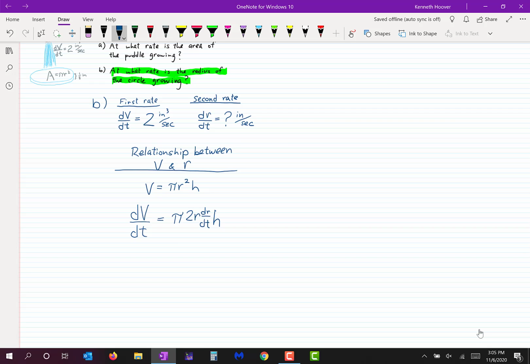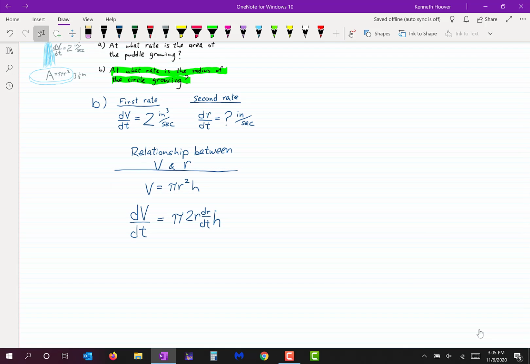Does that make sense? I hope that's not squeezed in too much here. Sorry, I shouldn't say the derivative of pi is pi. What I should say is what I said before. Pi is a constant. And so when I do the derivative of this whole thing, I'm not doing the derivative of pi, I'm doing the derivative of this whole thing. Because pi is a constant, it won't change. And because h is a constant, it won't change.